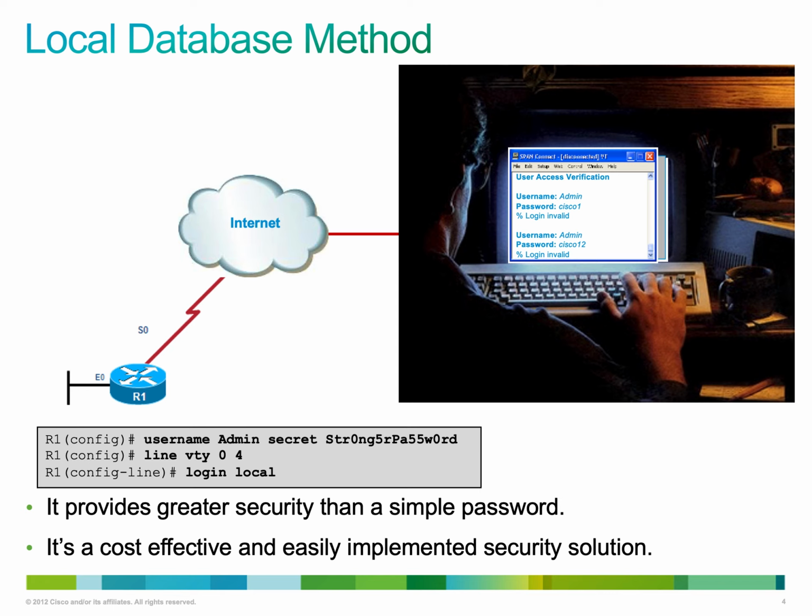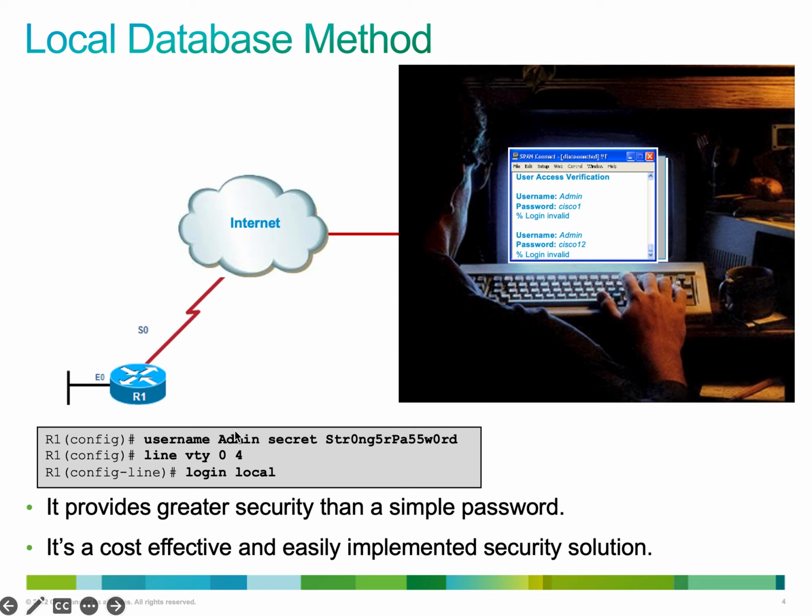Okay, the second method is the local database method. The local database method is also used to create different types of access for people, or for administrative access in an organization. Here we configure by going to our command line interface and writing Router1(config)# username admin secret password.